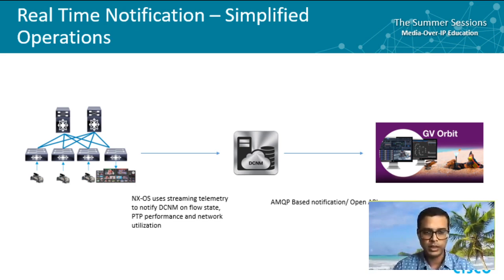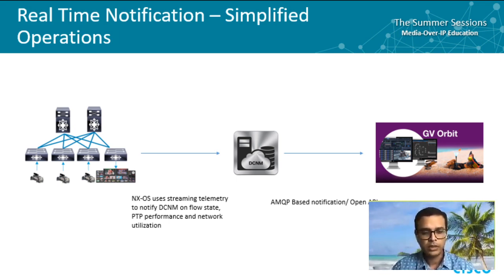So they really wanted a single pane of glass to monitor the application, which is 2110, all the way from the endpoints. When I say endpoints, it's the IP gateways, the cameras, and how these flows are traversing the network. So to be able to monitor the health of these 2110 flows from the network.